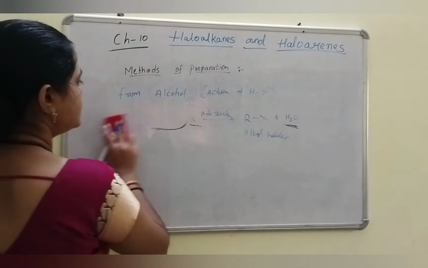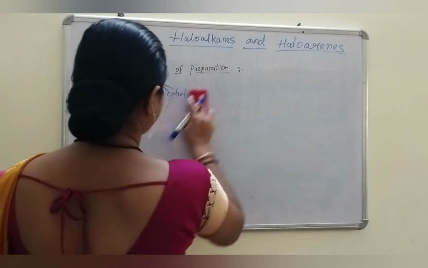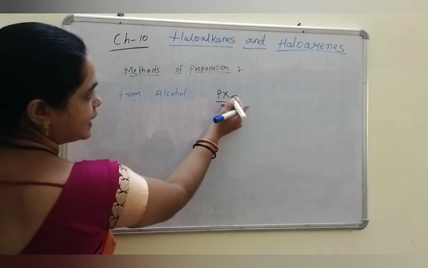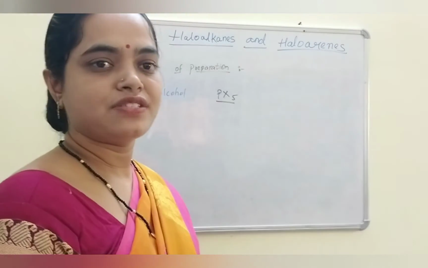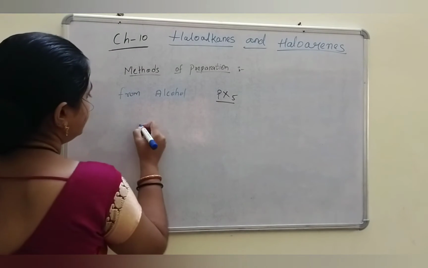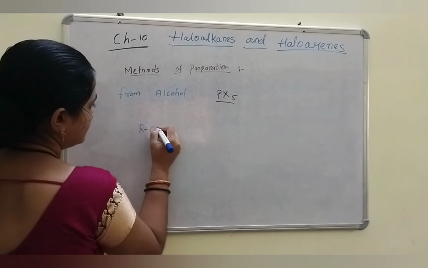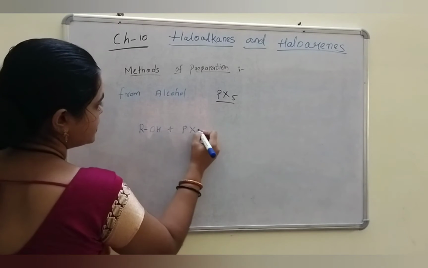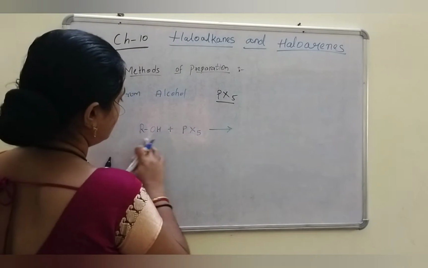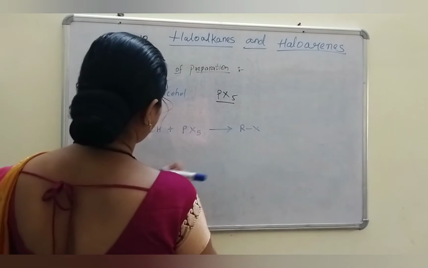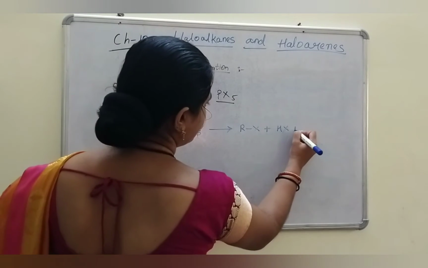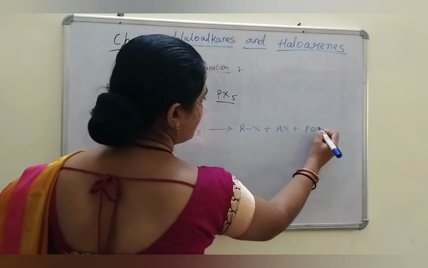By the action of phosphorus pentahalide, where 5 halogens are present, alcohols give corresponding alkyl halides plus hydrogen halide plus POX3.